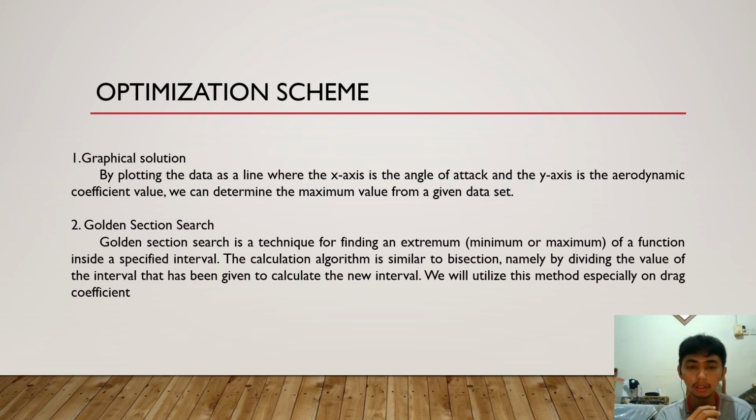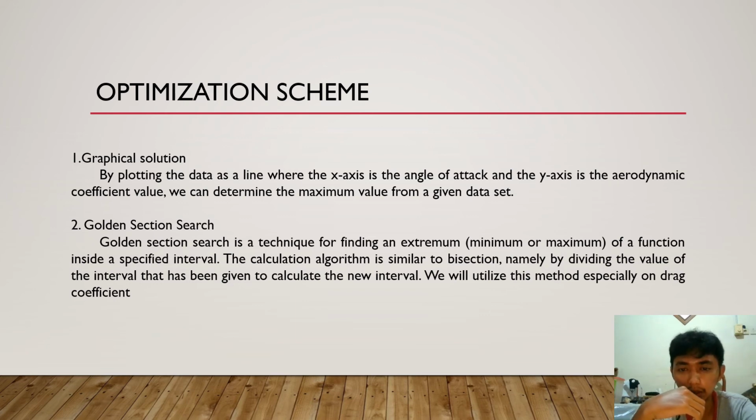The calculation algorithm is similar to bisection, but in bisection we divide the interval by the constant 2, while in this scheme we divide the interval by the golden number.